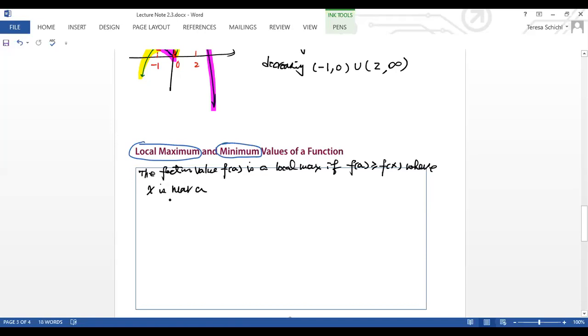Gee, what does that mean? So this is number 1, that is the local max here.